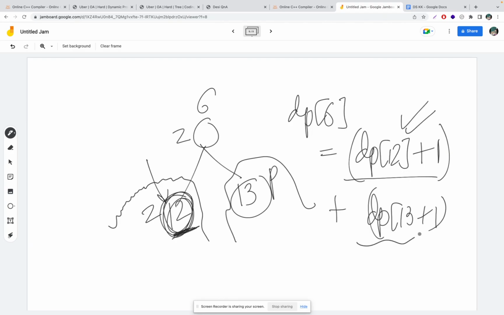But dp of 13 plus 1 you cannot include in your answer, because this is a prime number. So you have to ignore this, because you want the paths which don't have any kind of prime number in them. So we don't have to touch the p values in the down direction. That's why we stop there.